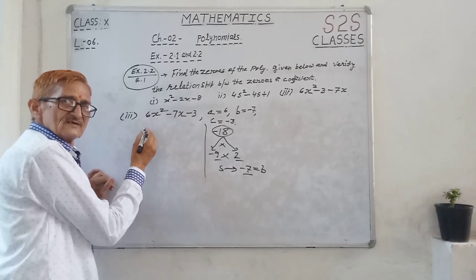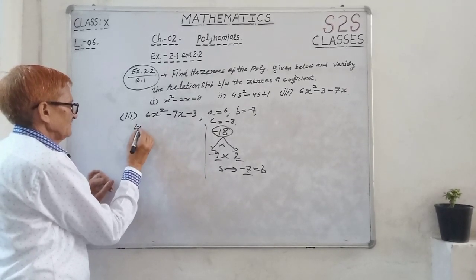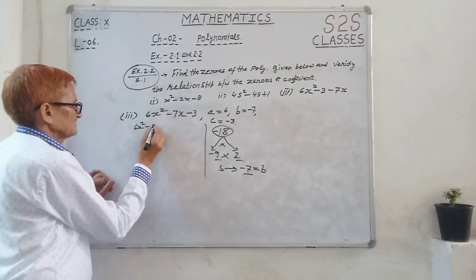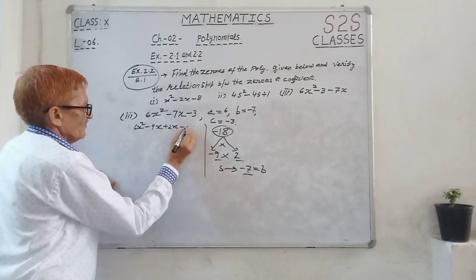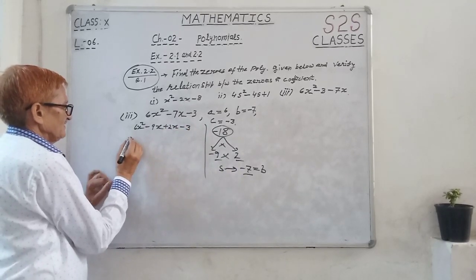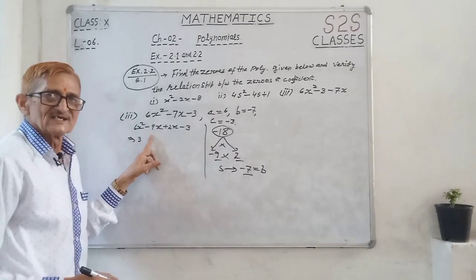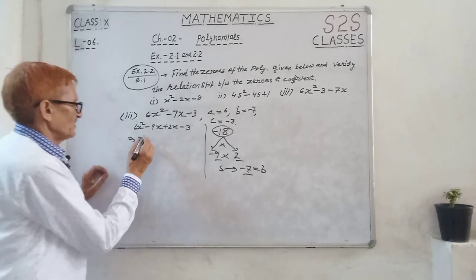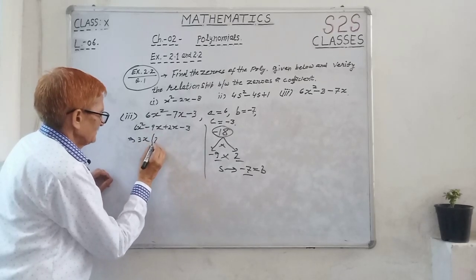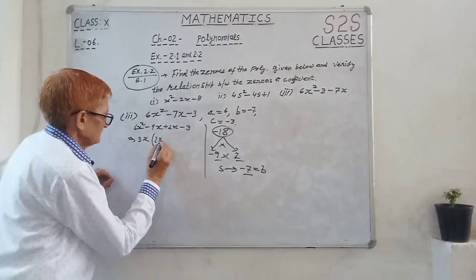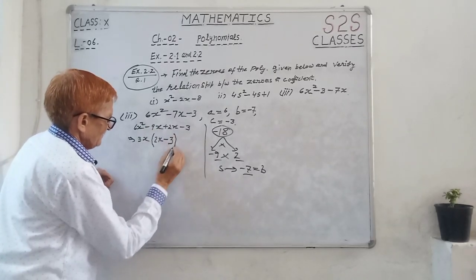Okay, now this 6x square minus 9x plus 2x minus 3. Then 6 and 9x, 3 is the highest common factor, so 3x is common. Then what is left? 3 times 2 is 6, so 2x, and minus 3 times 3 is 9.